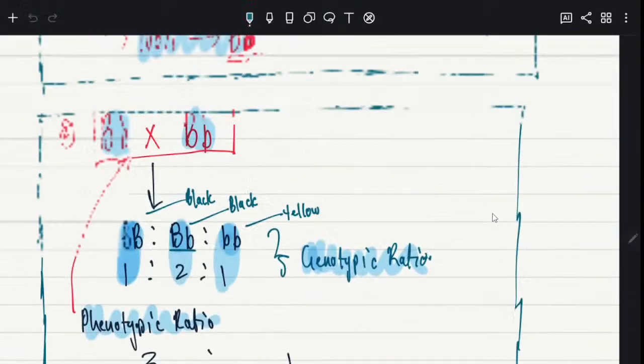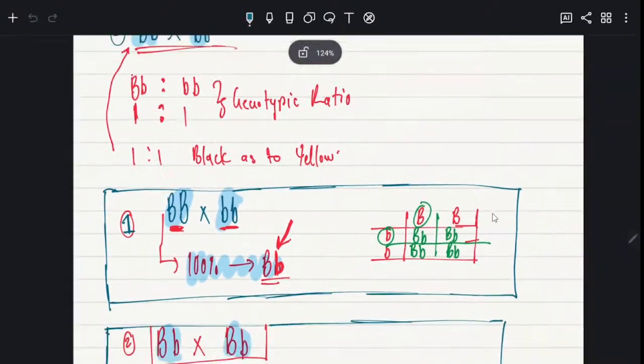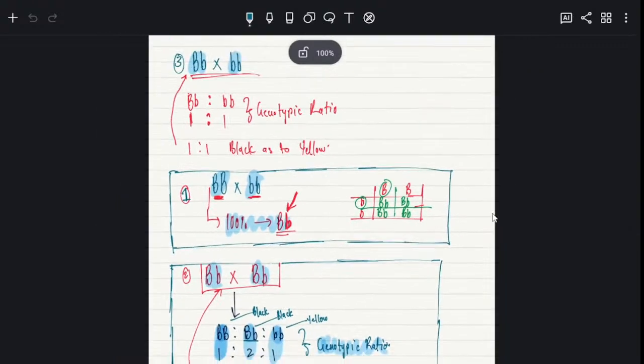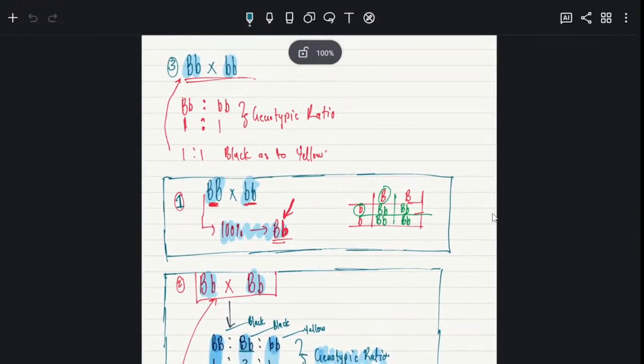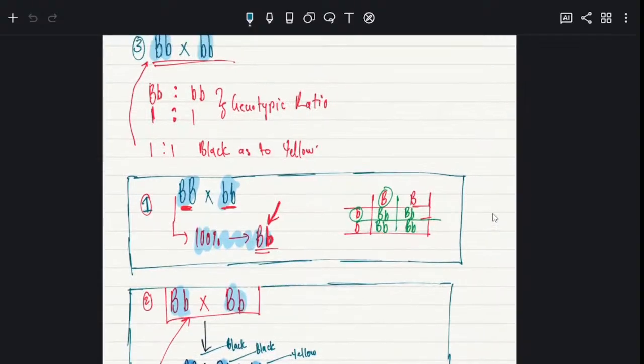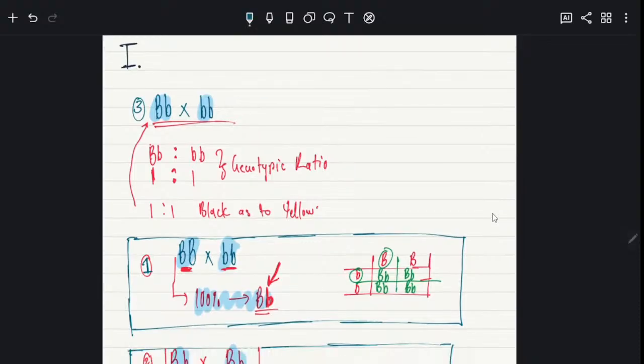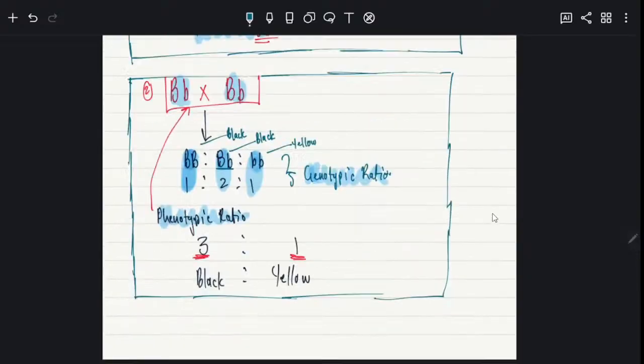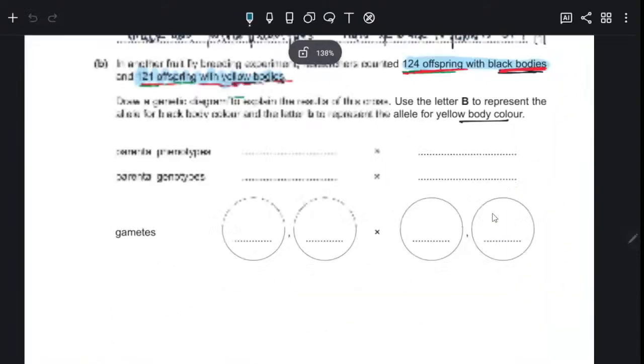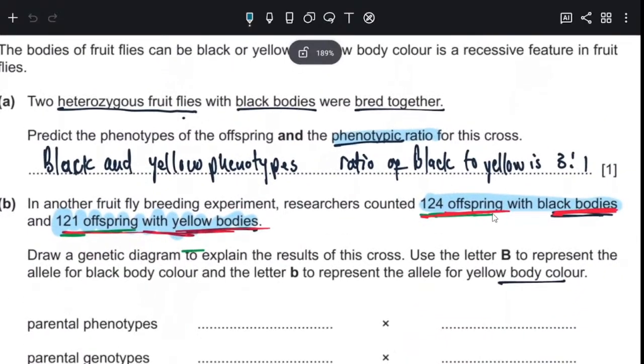So now, which one gives you 1:1 on these three? It's this one, right? So just know those three and you'll be fine, class.